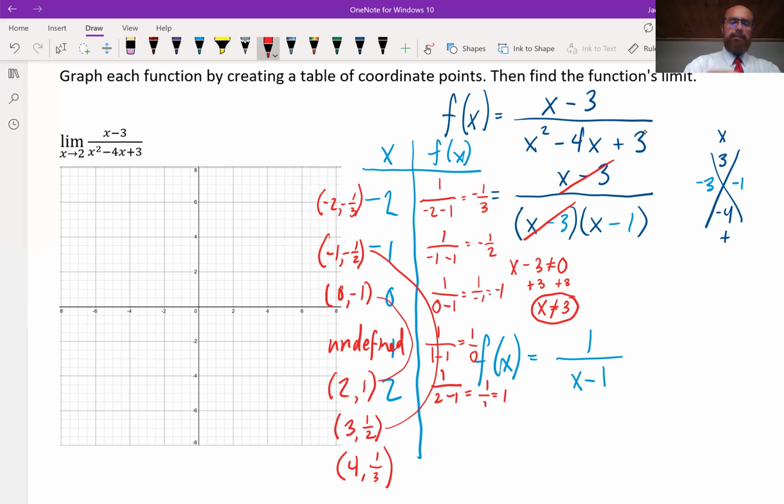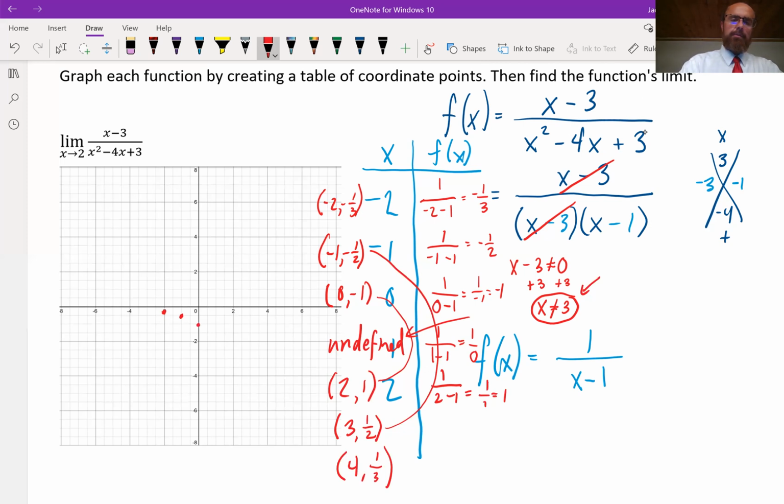So I'm going to start graphing those points, and what we're looking for again is the limit. But we've got to note some stuff. We've got a removable discontinuity here. We also have a vertical asymptote. So let's graph this. So -2 is at -1/3. -1's at -1/2. 0's at -1.